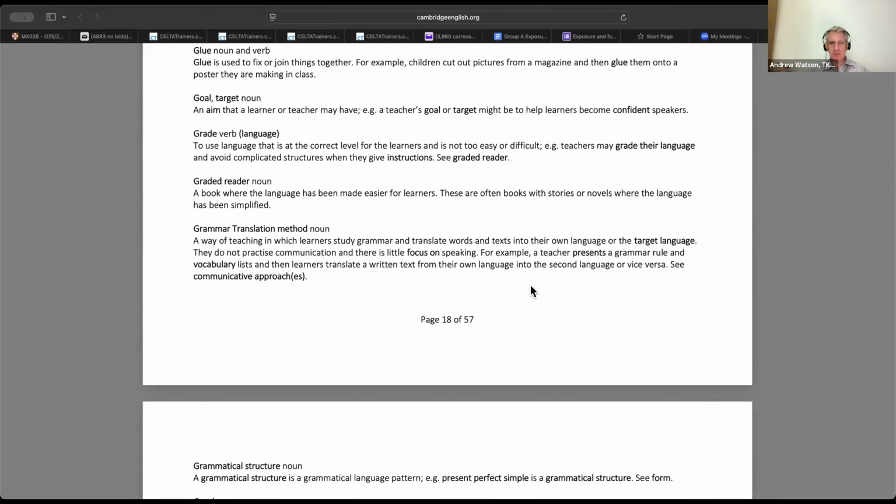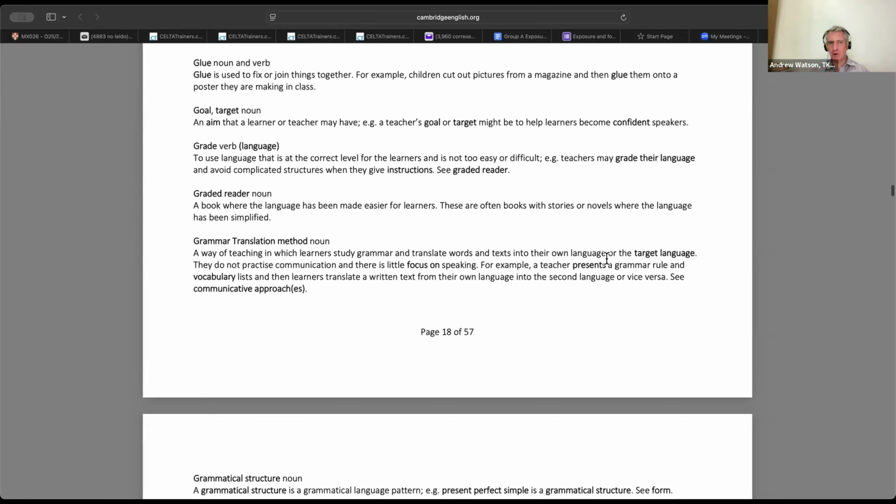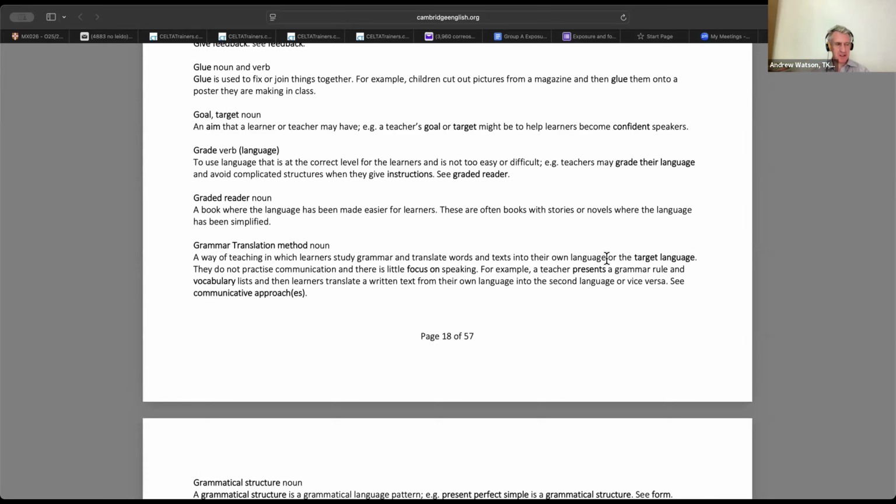For example, a teacher presents a grammar rule and vocabulary lists, and then learners translate a written text from their own language into the second language or vice versa. Right, so this was how people used to study Latin, classically, but then they applied that same approach to learning foreign languages, particularly in the 19th century. But it changed in the 20th century. They tried to make things a bit more communicative.